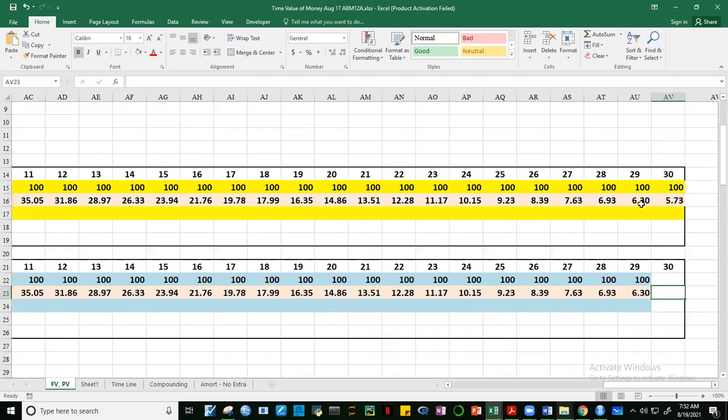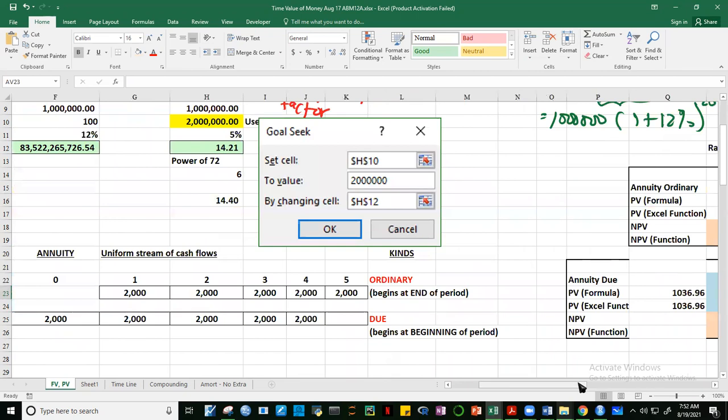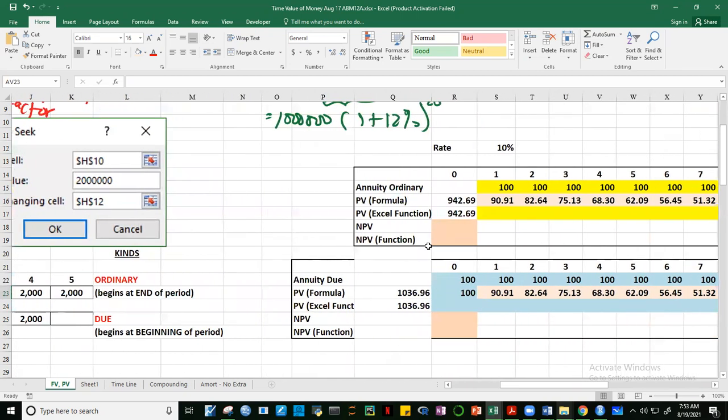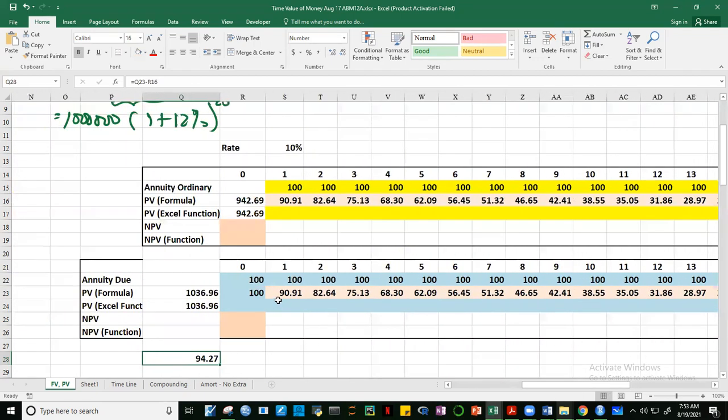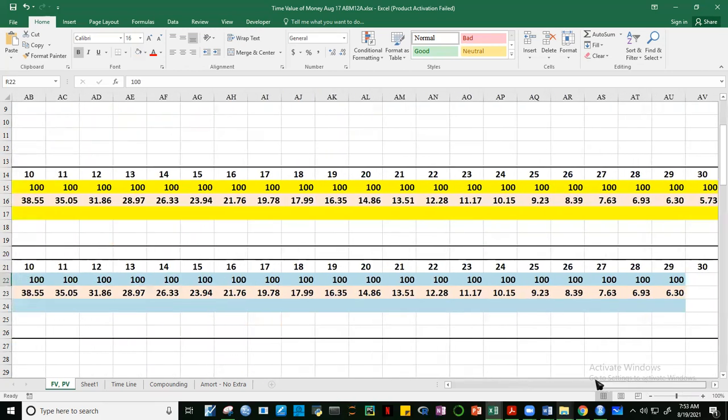Okay, so that's the difference. 100 minus 5.73, that's 94.27. And that's the difference between these two. So ang difference, if we subtract, is equal to this minus this, 94.27, which is the difference between the present value at time 0 and the present value at time 30. Okay, clear yun guys?